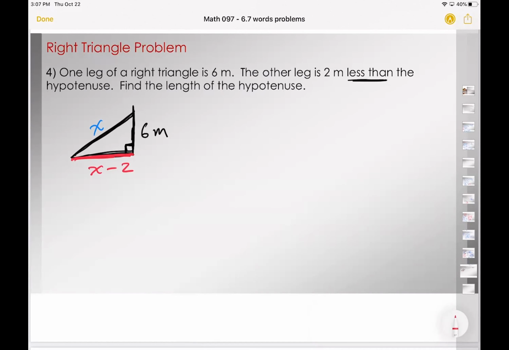So this is what they tell me. One leg of the right triangle is 6 meters. The other leg, this leg right here, is 2 meters less than the hypotenuse. Since I don't know what the hypotenuse is, I say that is my x. And because it's 2 meters less than, therefore it is x minus 2.